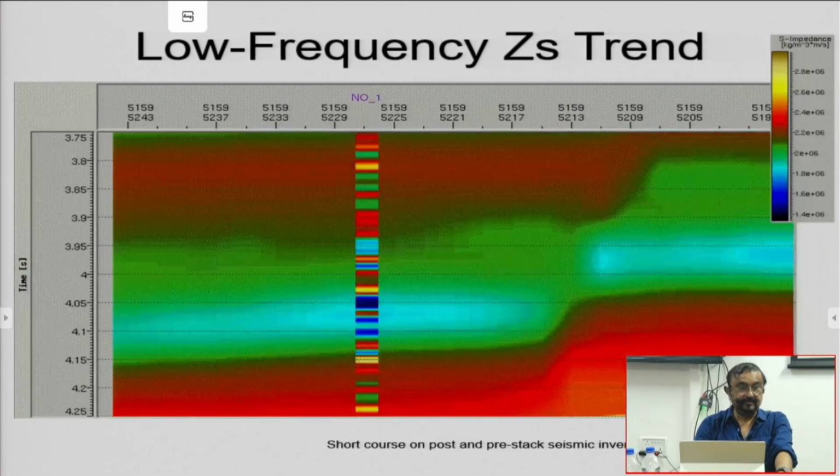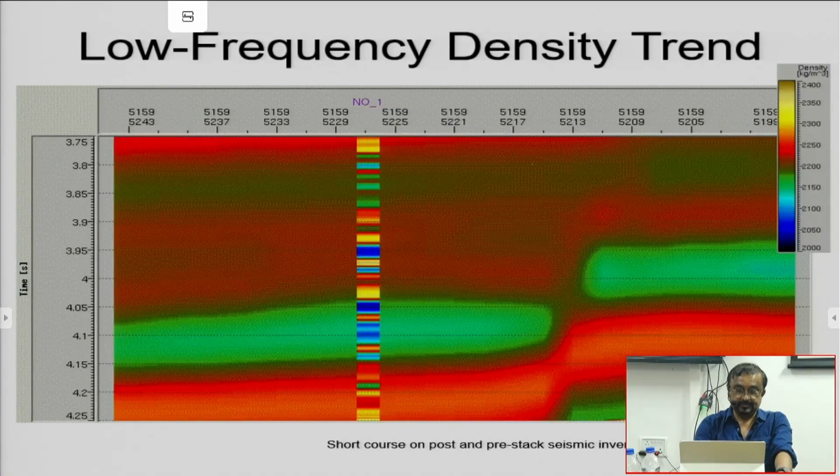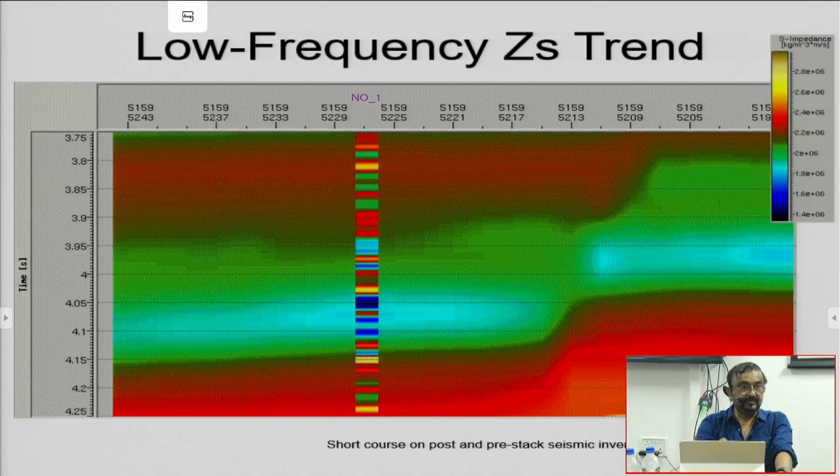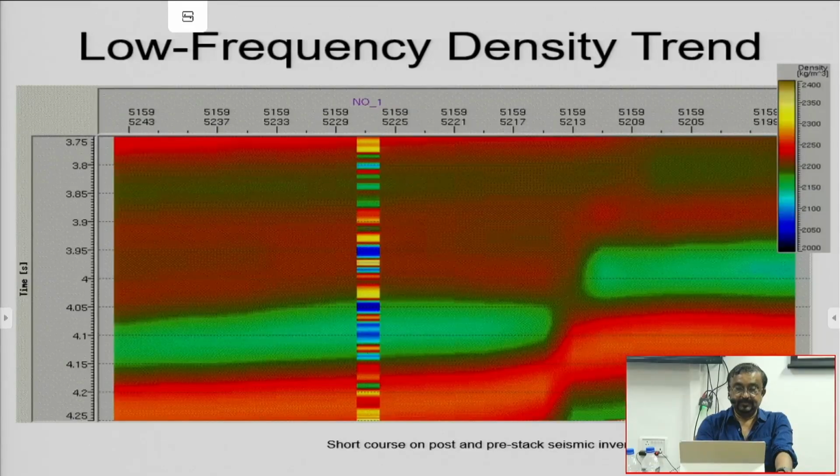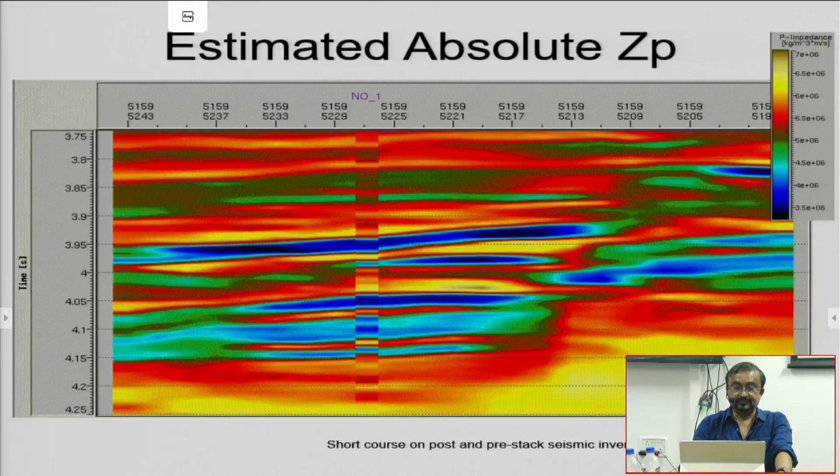Then I have low frequency shear impedance, and then I have low frequency density. So how many parameters am I going to resolve? I'm going to basically get 3 answers, right? For 3 different parameters.